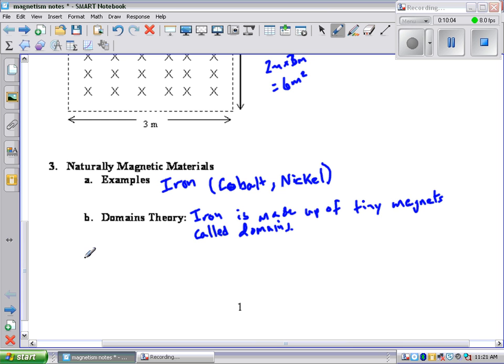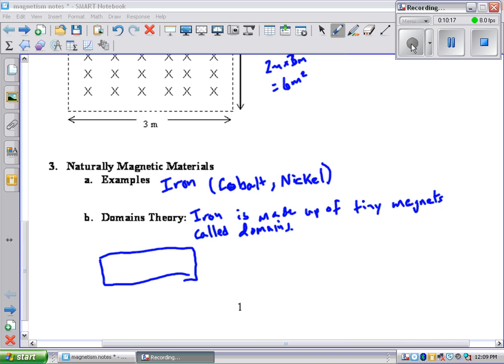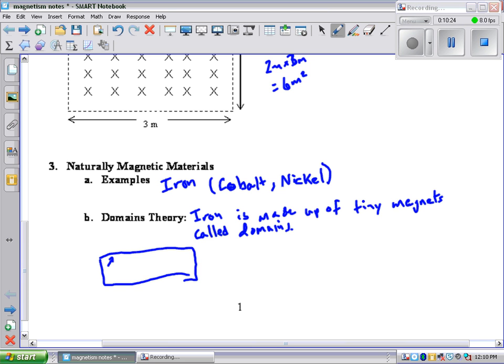And normally, the domains point every which way. Normally the domains aren't aligned, so they're pointing every which direction. I'm drawing these, so this domain is a tiny little magnet. It has a north end and a south end. So they're pointing every which way in a regular piece of iron. They're not lined up.